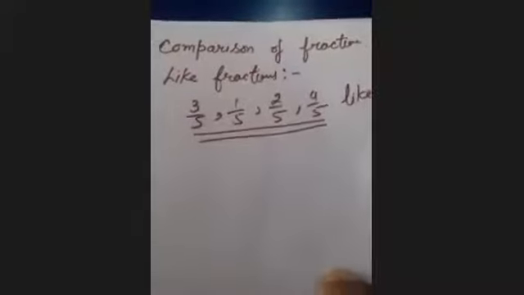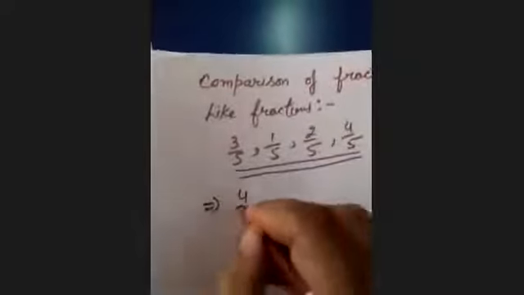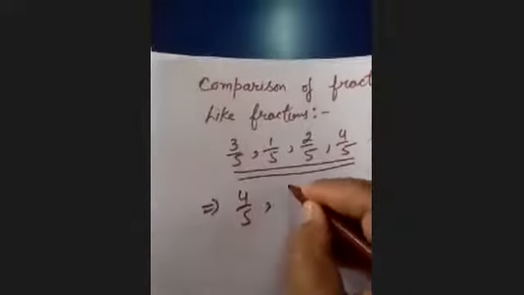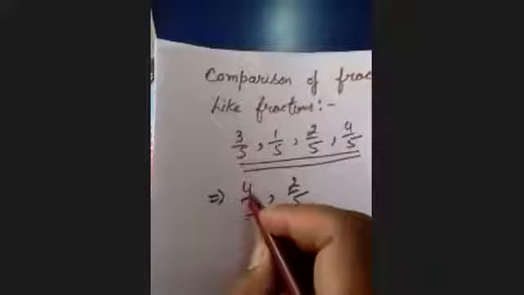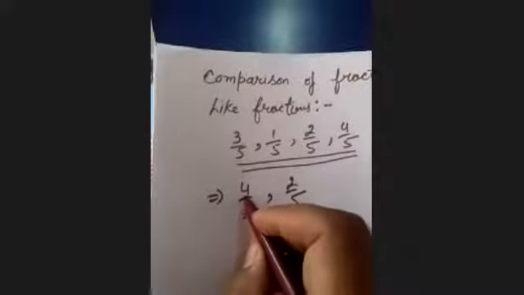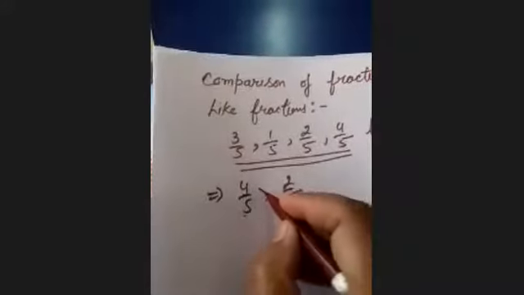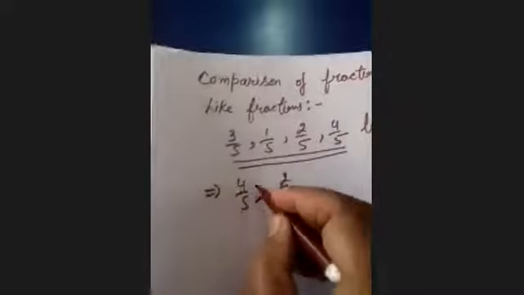Yes, friends. Now, how can we compare these numbers? Suppose we have two numbers, 4 upon 5 and 2 upon 5. First, we'll compare the denominators. The denominator is the same. Then we'll compare the numerators. The numerators are 4 and 2. 4 is greater than 2.